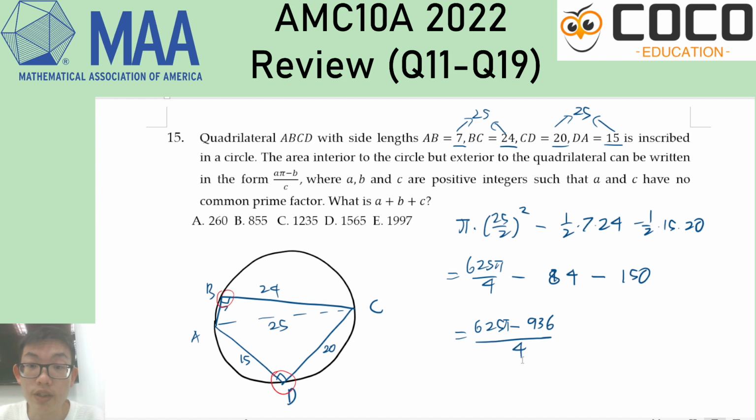And so after a very quick calculation, A plus B plus C, once I write it in this format, is 1565.